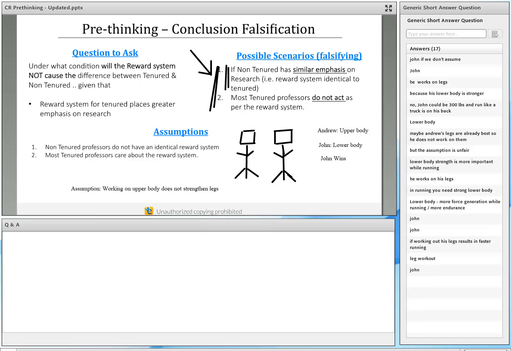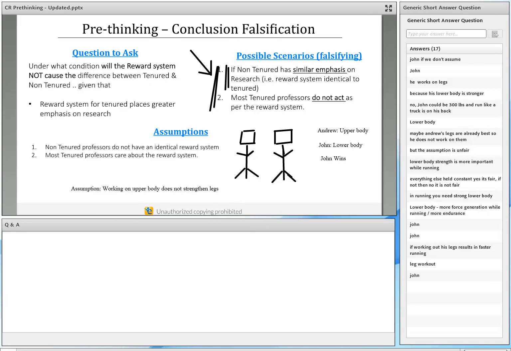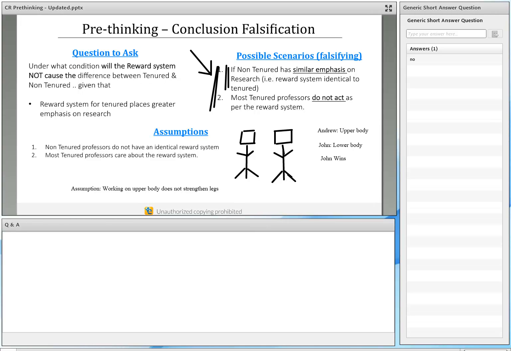Is that a fair assumption that working on upper body does not strengthen legs? If this happens, then is that a fair assumption? No, why? No, forget about the endurance and other pieces, just for simplicity. Andrew, tell me, is that a fair assumption?